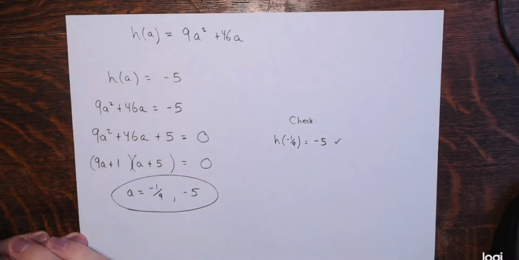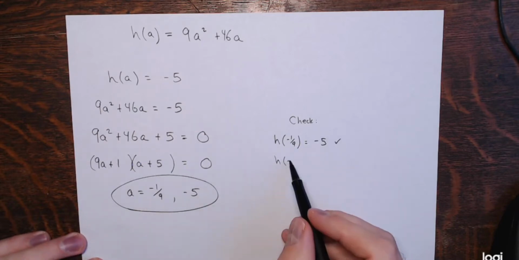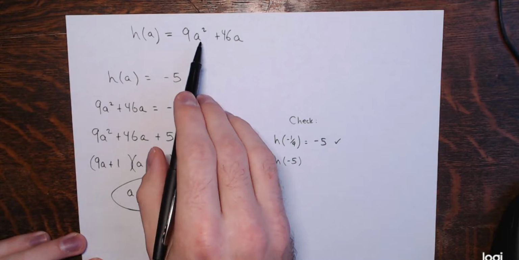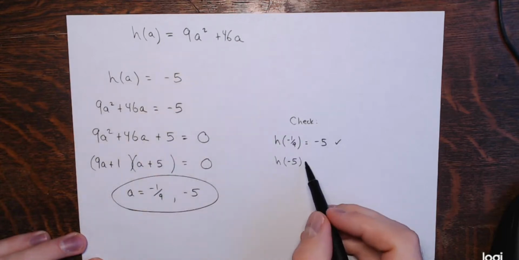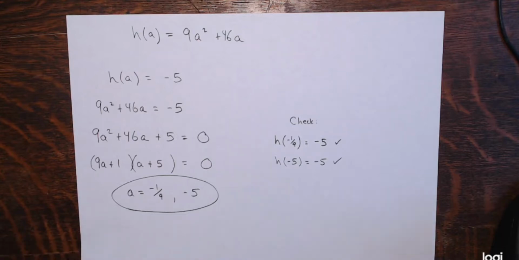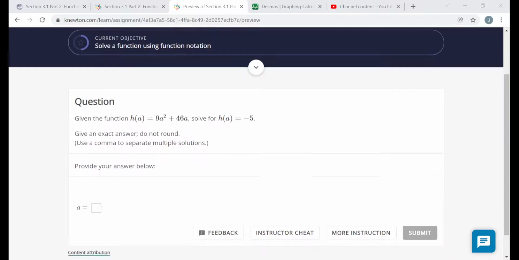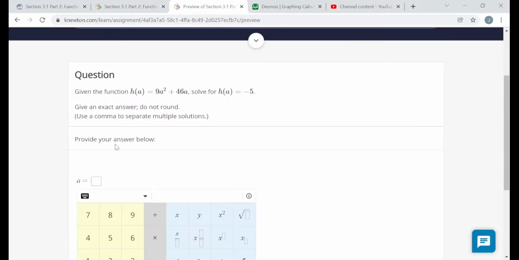Should end up with -5 at the end. Same thing for -5. Replace the a's with -5 and see if the output is also -5, and that should also be the case. All right, but they want us to put what I circled here, the inputs that give me an output of -5. So inputs a equals -1/9, comma, -5.